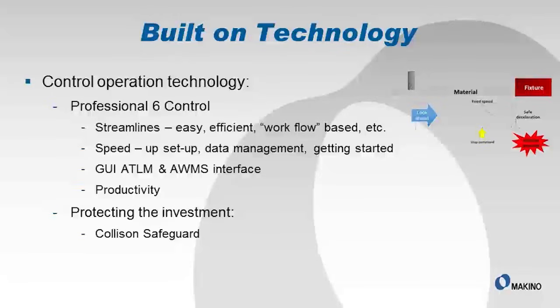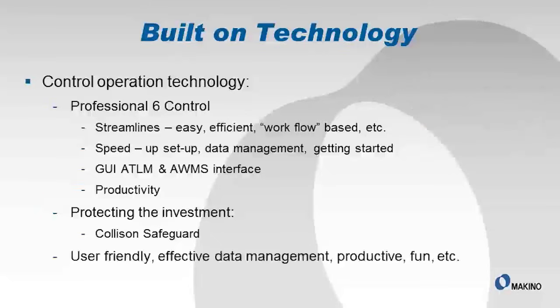There's a model of the machine tool in there. You need to input a model of the workpiece and a model of the tooling, and it will be running in the background live and can anticipate and prevent you from having collisions on the machine. So you're protecting the investment of the machine tool. Finally, it's user-friendly. It's very effective for data management, very productive, and actually can be kind of fun.